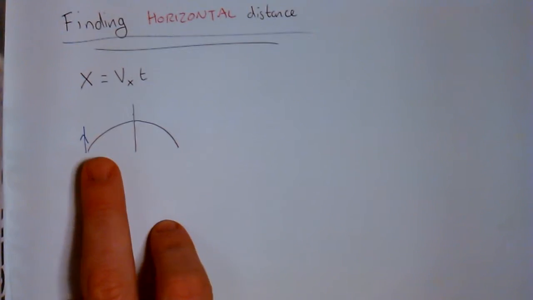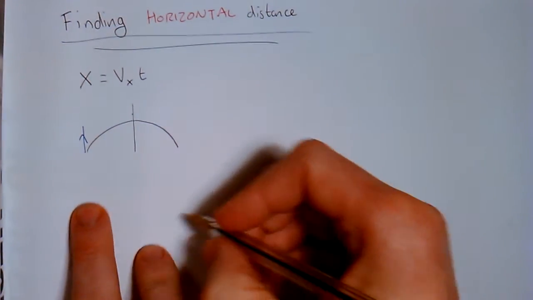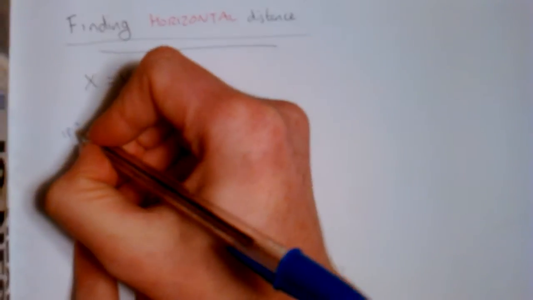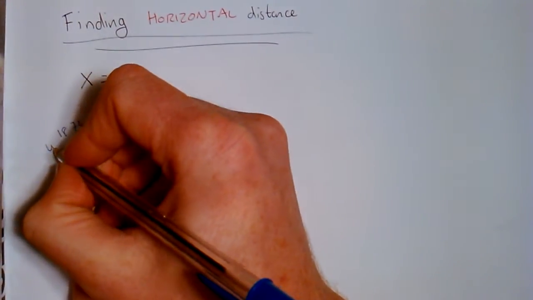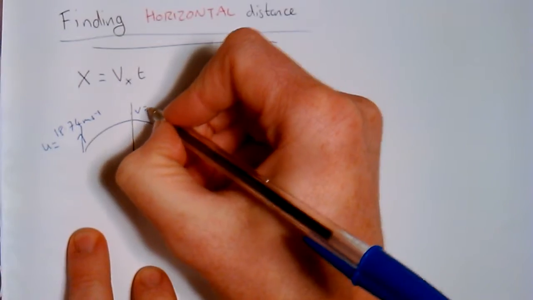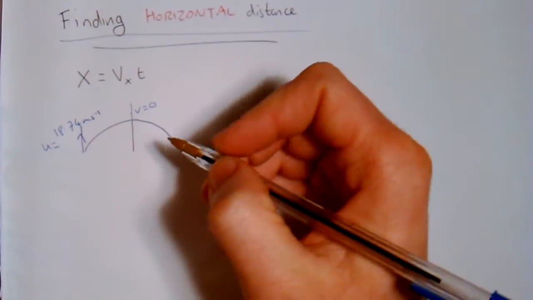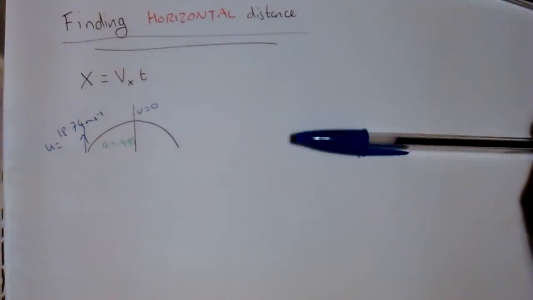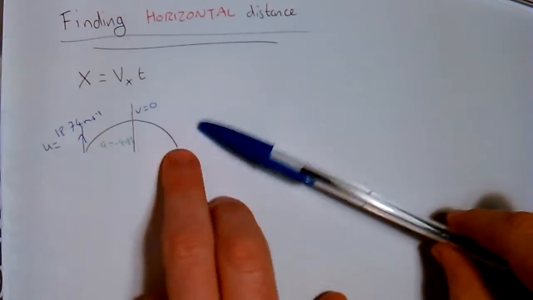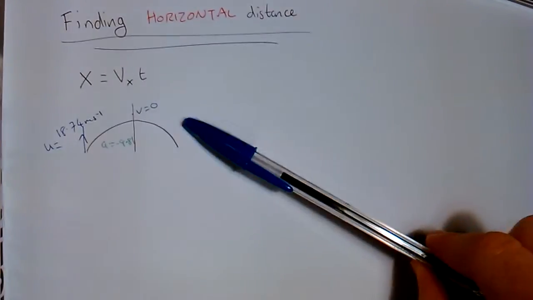We had the initial velocity of 18.7 meters per second. Remember, that's up, so that's our u. V, we know at the top is going to be 0. We've worked out s, but let's just use what we know. We know gravity is minus 9.81. So now we're looking for a SUVAT equation that doesn't contain s, because we want to find t.